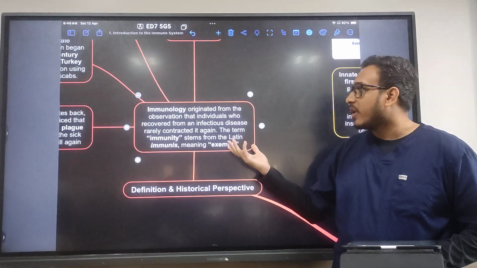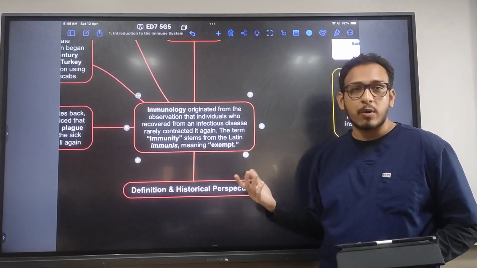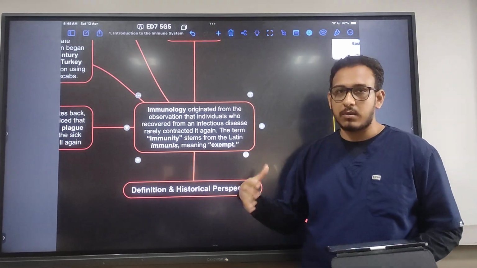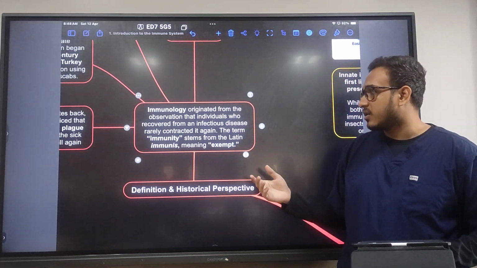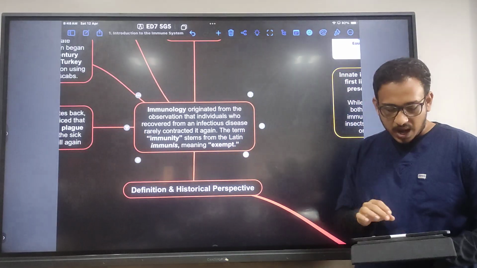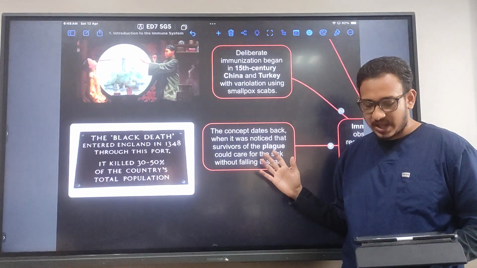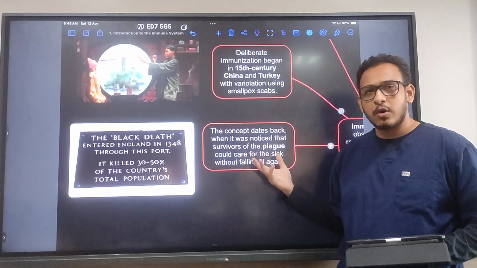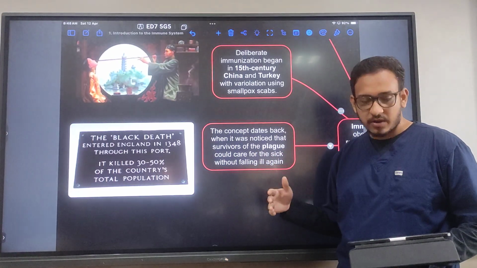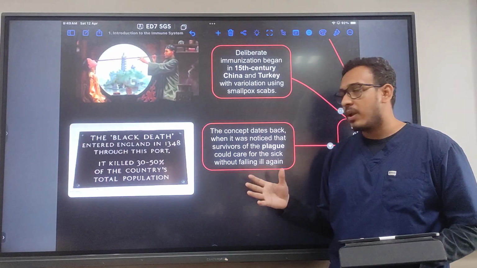basically means exempt. It originated from the observation that individuals who recovered from infections do not get infected, or rarely get infected, a second time. The term comes from immunis, which is Latin for exempt. Looking back at the history, when people noticed that those who got infected with the black plague did not get infected once again, that's how people came to have an idea of immunity.